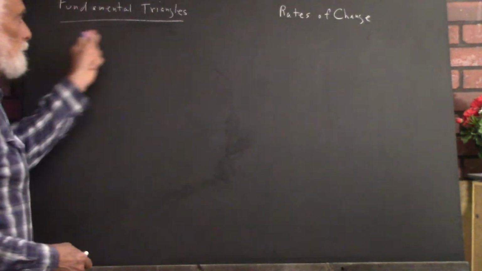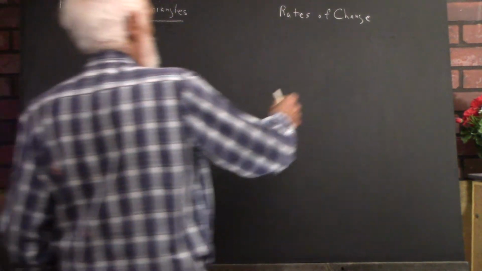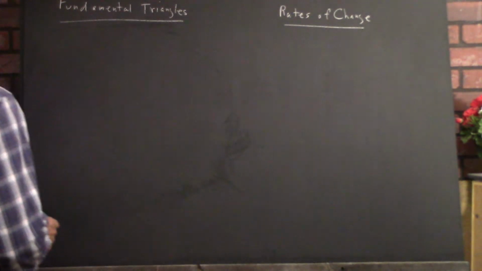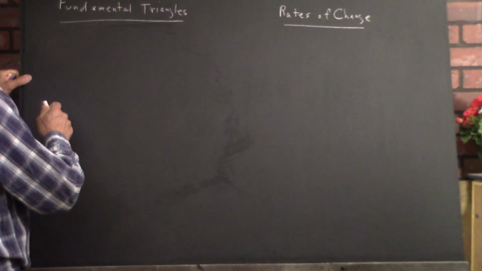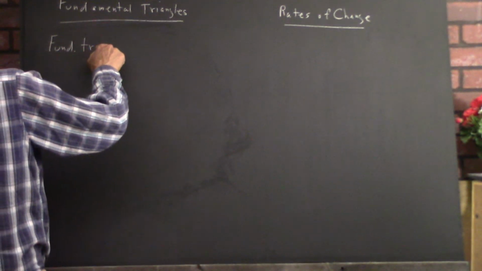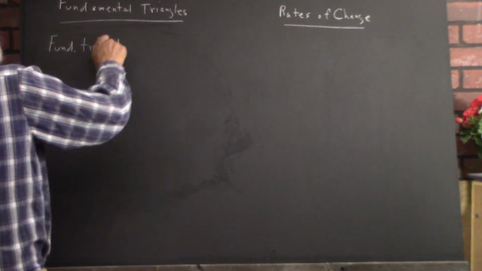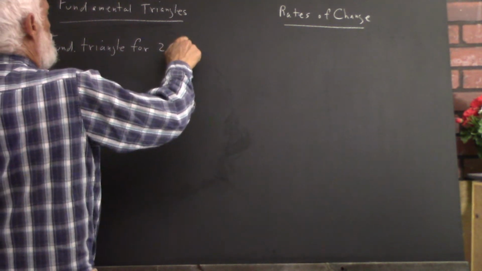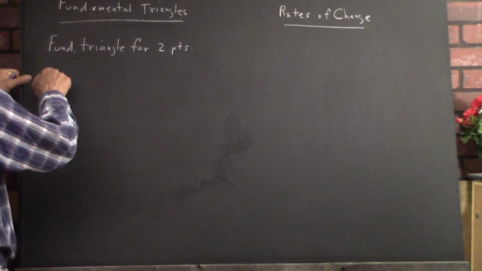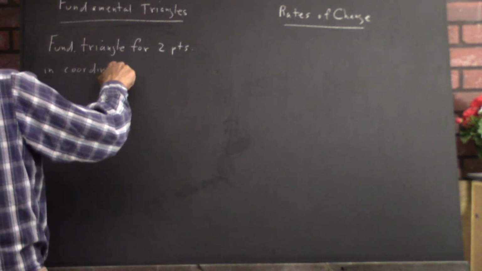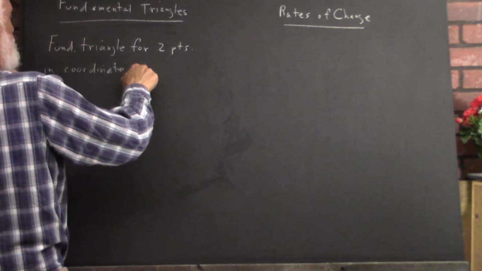Okay, we're going to talk about fundamental triangles, and we're going to talk about rates of change. Now, a fundamental triangle is defined for 2 points in the coordinate plane.